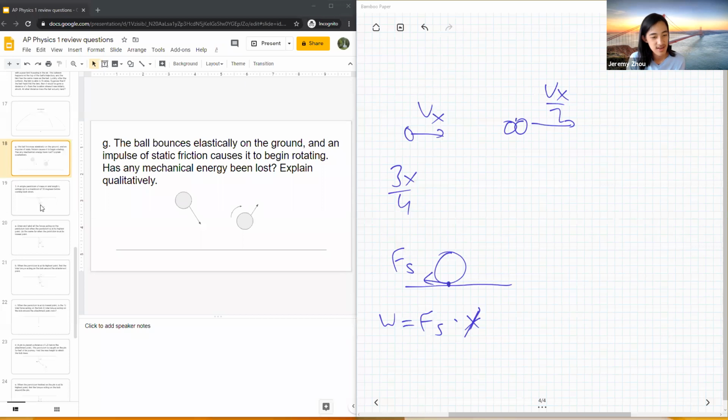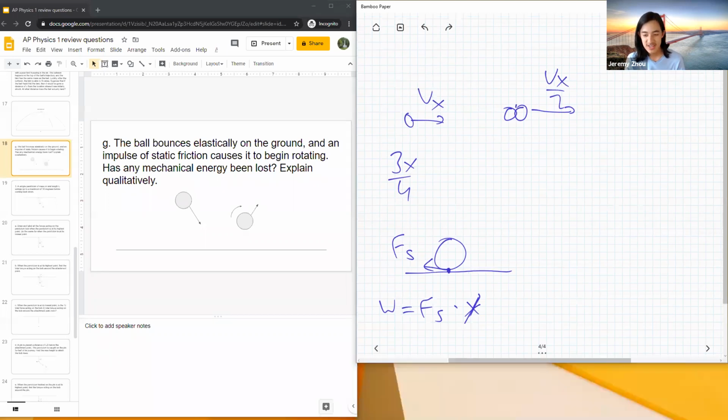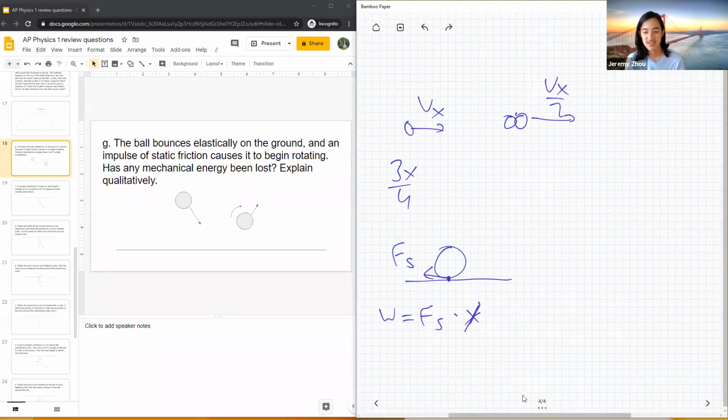All right. Is the velocity of the ball reduced? Oh, okay. Yes, I was actually going to explain that and I forgot. So the thing is, of course, the ball has started rotating, right? Where did the energy come from? It must have come from the linear translational kinetic energy. So the ball has to have slowed down a little bit. Yeah, exactly. So the thing is, static friction does not take away mechanical energy.